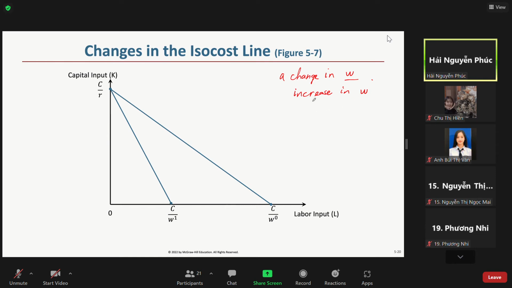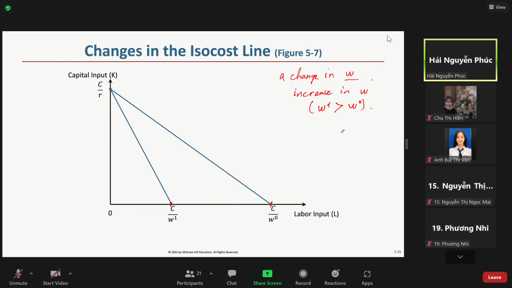I mean that W1 is greater than W0. If you look at this graph, we have the change in the intercept with the horizontal axis. You can see that C divided by W0 is greater than C divided by W1. We have a new intercept.